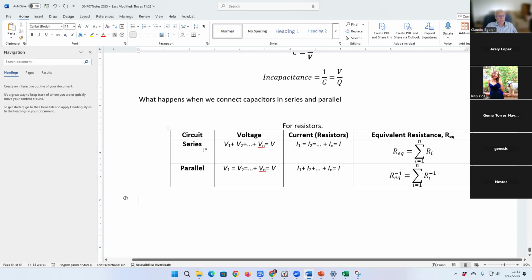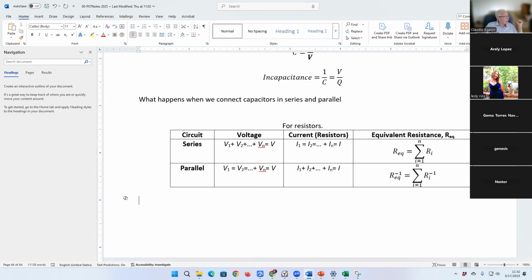Okay. Resistors connected in series, the equivalent resistance is going to be the summation of the resistances of each separate resistor. Resistors connected in parallel, the inverse of the equivalent resistance is going to be equal to the summation of the inverse of each resistance. Okay.